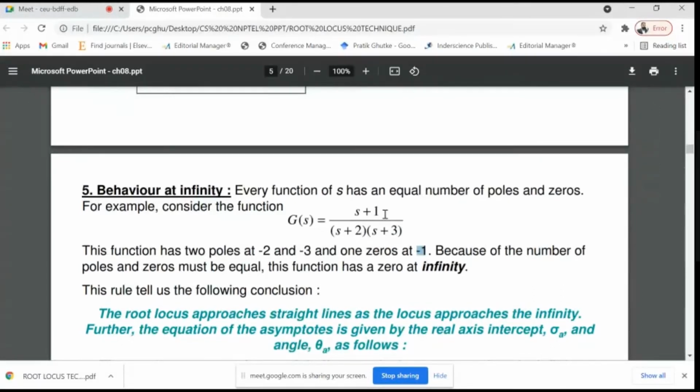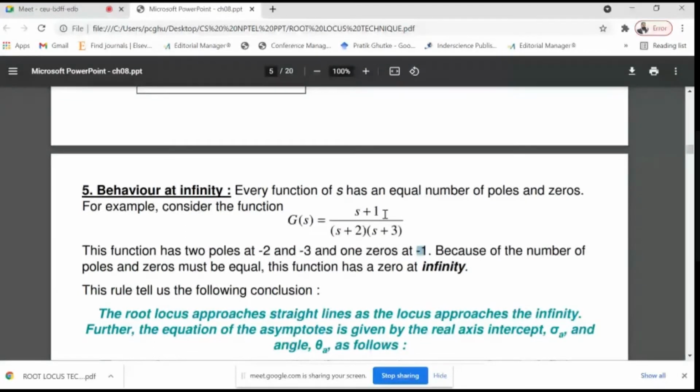A system should be stable when poles are greater than zeros. Keep that in mind. For a system to be stable, there should be more poles than zeros. In this case, there are two poles and one zero. This function has a zero at infinity.